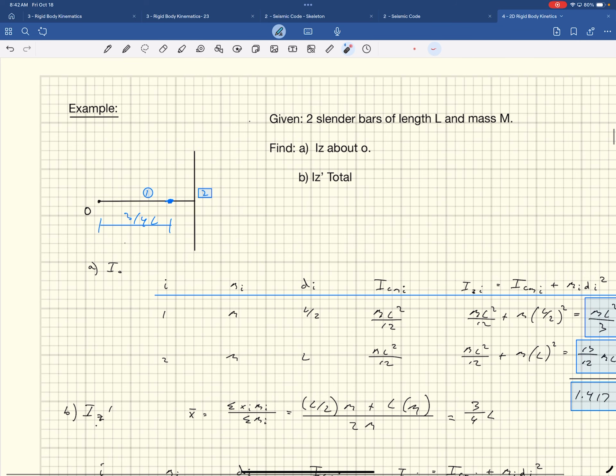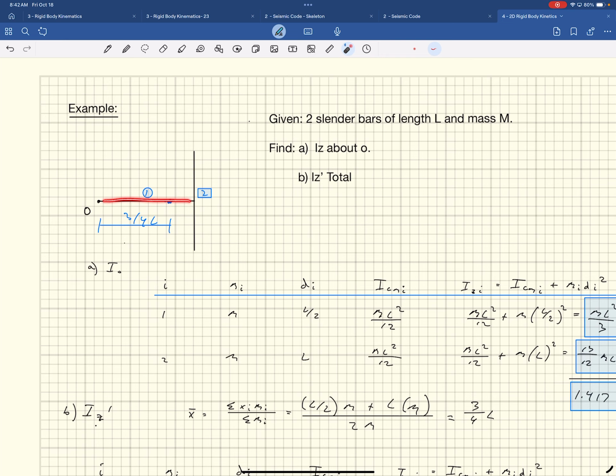Okay, so again, the D that you use is the distance between the center of mass of the object you're looking at and the axis that we're trying to take the moment of inertia about, right? So the center of mass of object 1 is at L/2. It's right here. That's the center of mass of object 1.